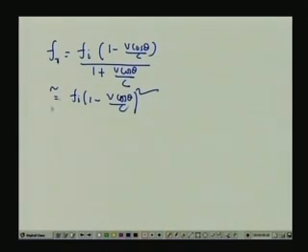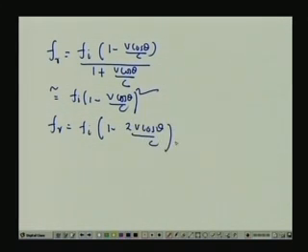So, we can obviously write Fr equal to Fi multiplied by (1 minus 2 V cos theta by C), right.